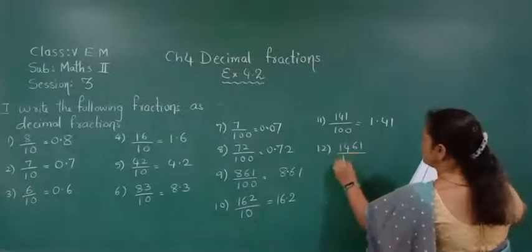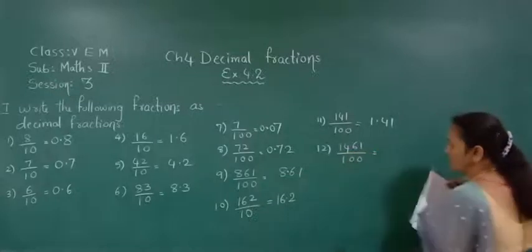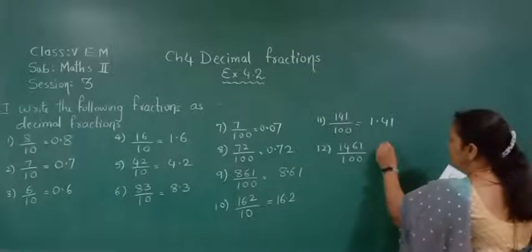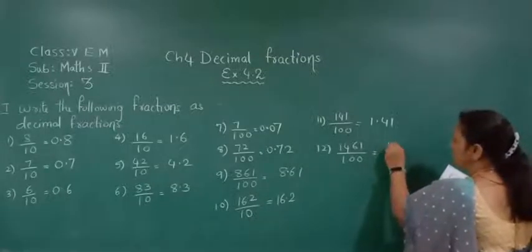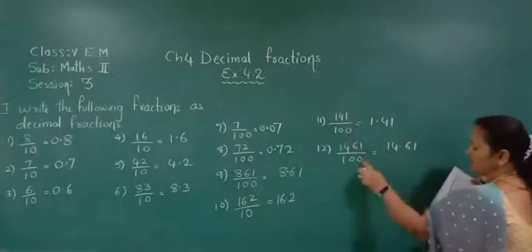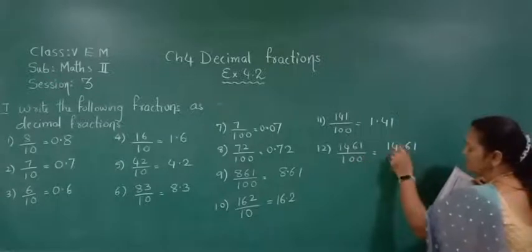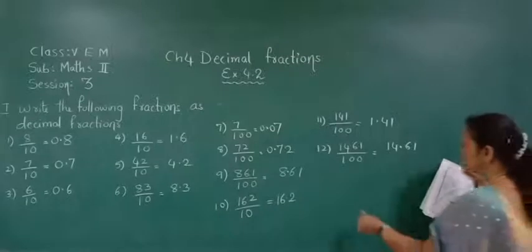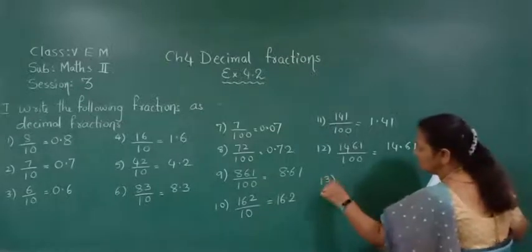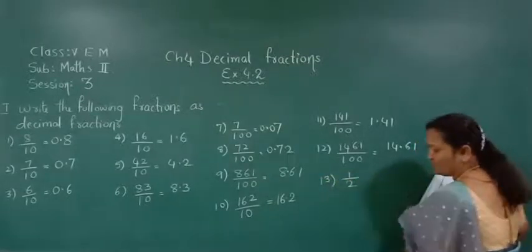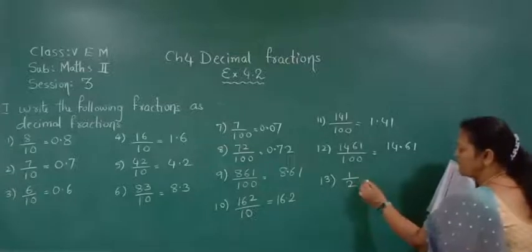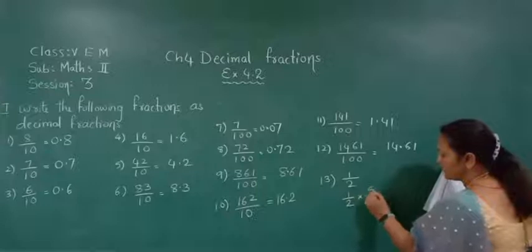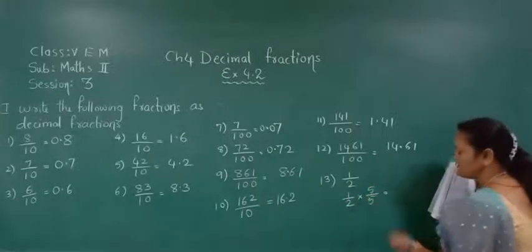Then 12th question, it is 1461 divided by 100. Then here we should count 2 digits. Here it is 14.61. 2 zeros are given, count 2 digits and put the decimal point. Then 13th question, here it changes, 13th is 1 by 2. Then we should multiply this 1 by 2 by 5 to get the denominator equal to 10.